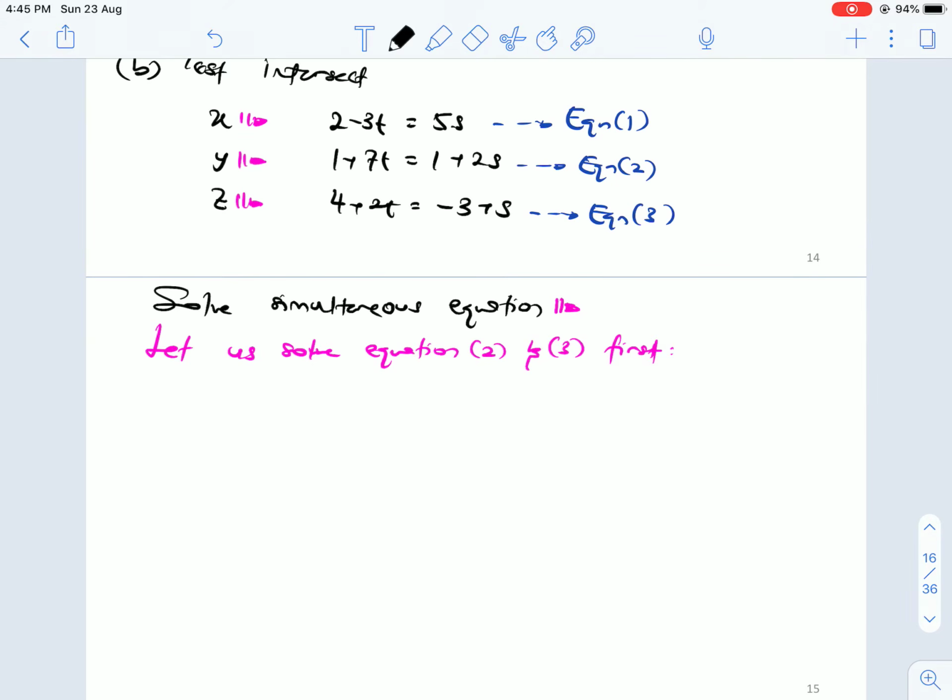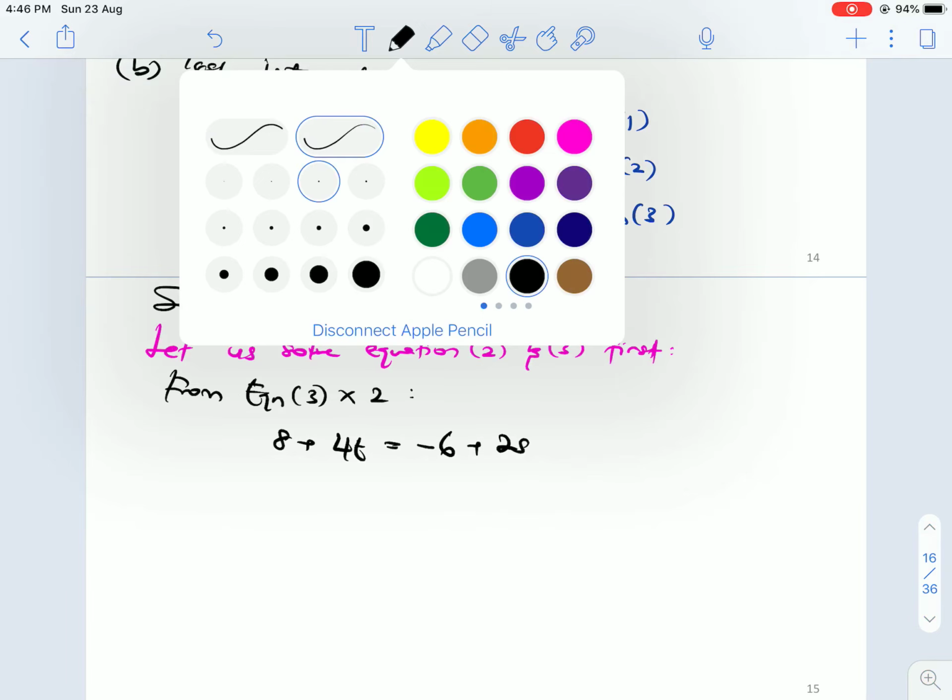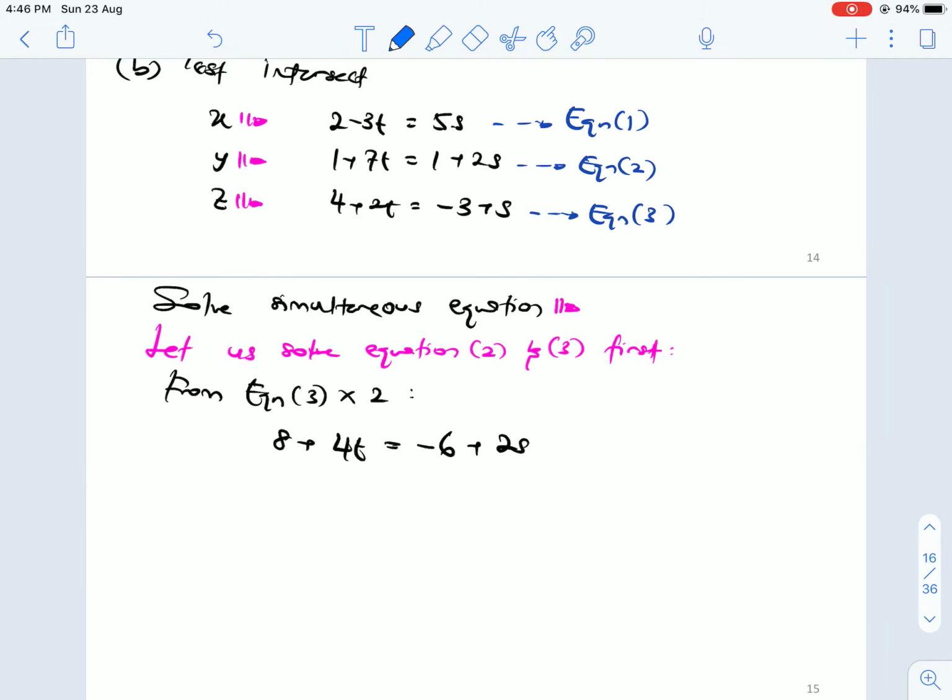Let's say I want to eliminate the variable s. From equation 3, I need to multiply by 2. So 4 times 2 is 8, plus 2t times 2 is 4t, equals negative 3 times 2 is negative 6, plus 2s. This becomes the 4th equation.